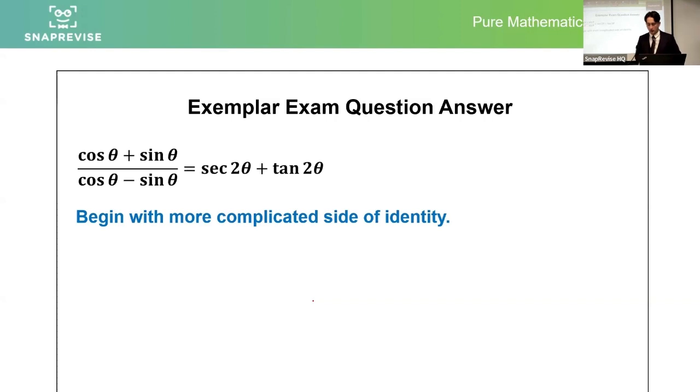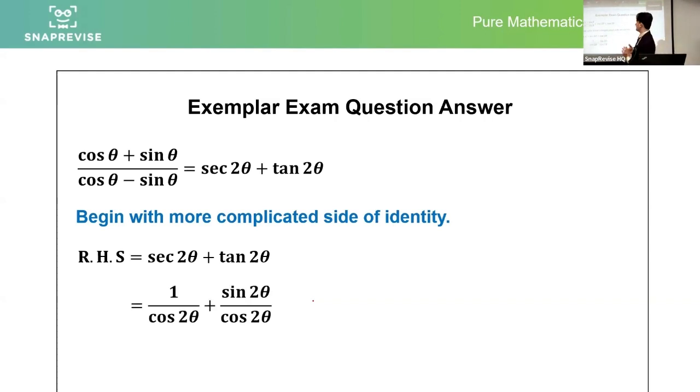So I would start with the right-hand side for this question, sec 2 theta plus tan 2 theta. Another little hint, it's not always true, but if you've got one side that's a single fraction and another side with 2 bits, try to aim to get to the fraction. That's another technique you could use, because it can be tidied up. You can do common denominators, you can use identities.